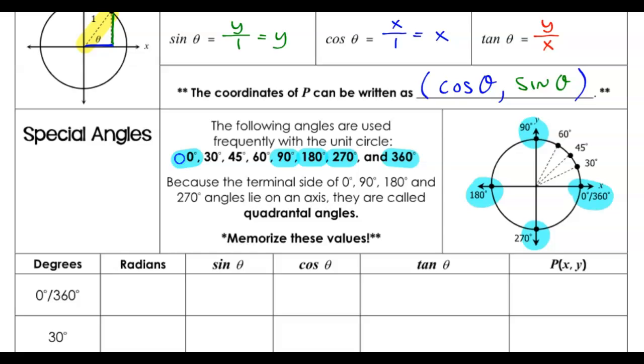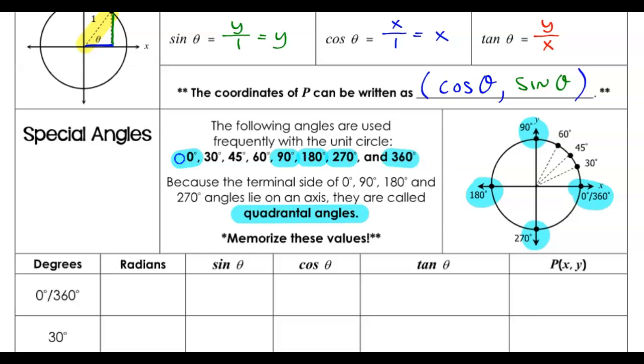Those are going to be unique because the radius is extended all the way out, and so one of the coordinates is going to be 0. We call these quadrantal angles, and they don't fall in a particular quadrant because they're on the axis. So that's one to pay attention to, and it's going to have some unique characteristics when we look at their values.